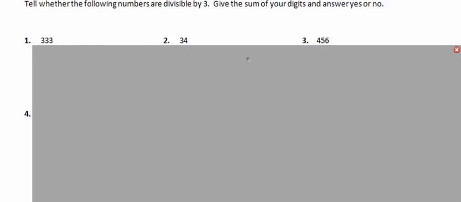So you're going to add 3 plus 3 plus 3, which gives you 9. Does 3 go into 9? The answer is yes. So since 3 goes into 9, 3 is going to go evenly into 333. And that's why we have yes written.